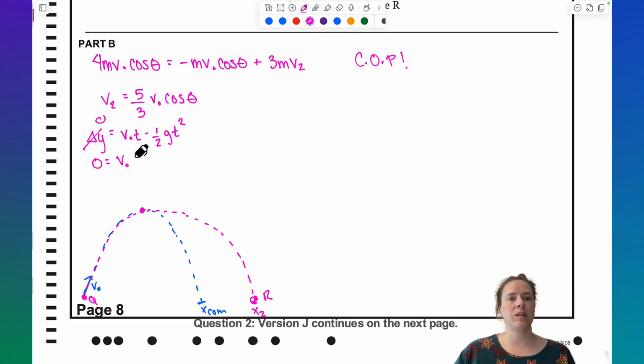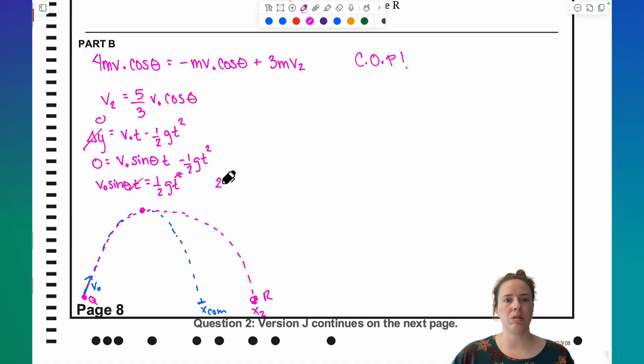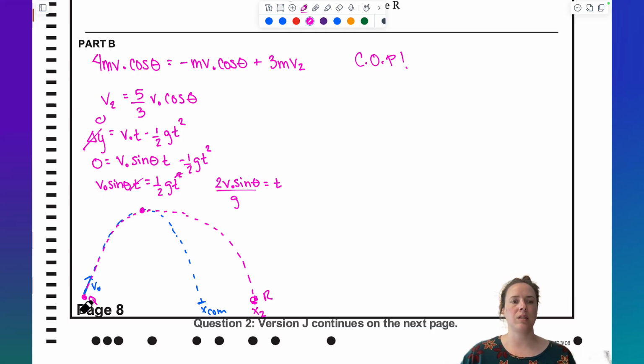That vertical velocity is v naught sine theta t minus 1/2 gt squared. So that means v naught sine theta t is equal to 1/2 gt squared. One of those t's cancels out. And then if I multiply 2 over and divide by g, 2 v naught sine theta over g is how long it takes to get all the way to the other side.